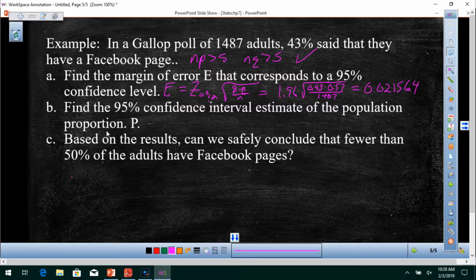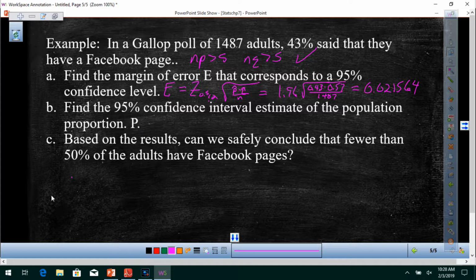Find the 95% confidence interval estimate of the population proportion P. Well, I got a typo there too. All right, so what are we looking for here?